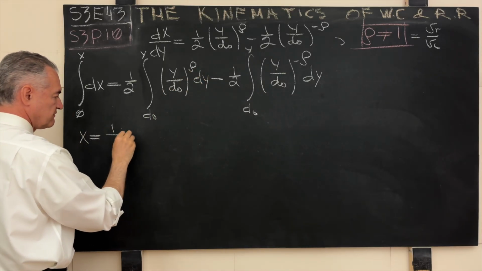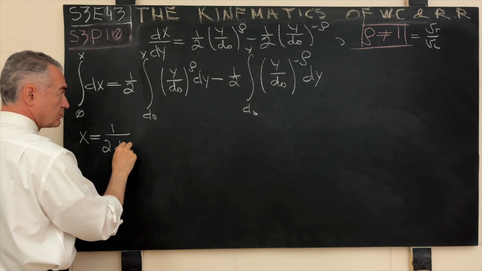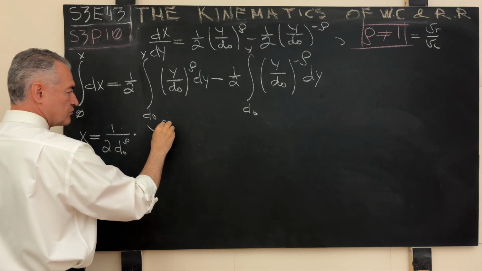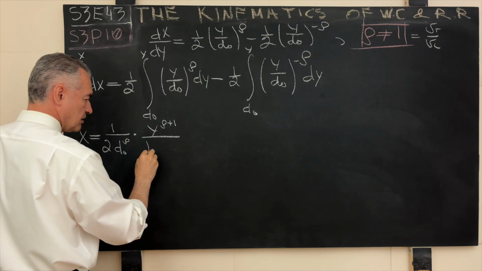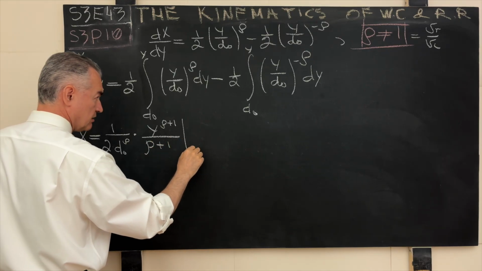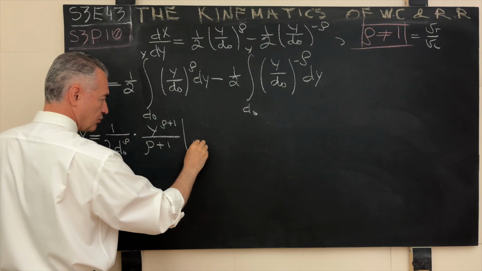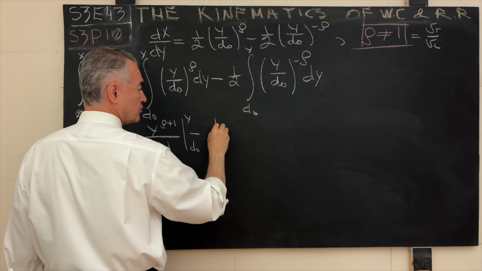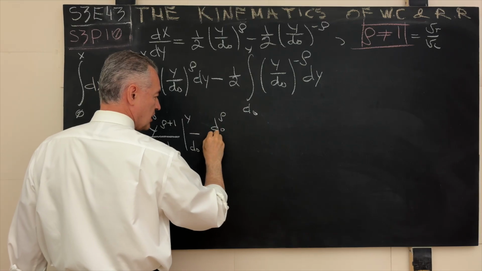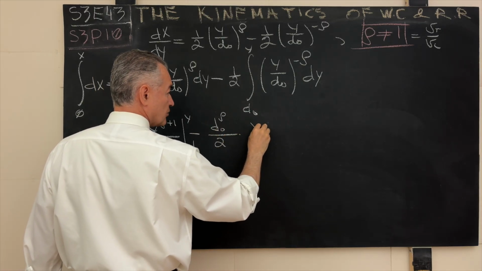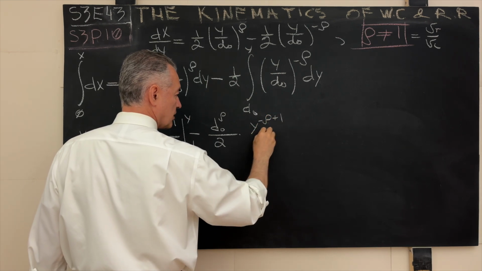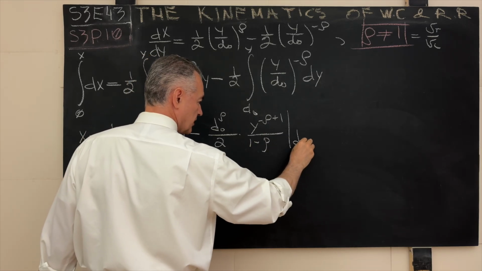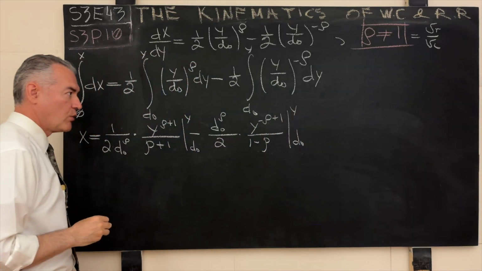It will be 1 divided by 2 times d0 raised to the power of rho times y raised to the power of rho plus 1 divided by rho plus 1, evaluated between d0 and y, minus, well, we'll put d0 on top, d0 raised to the power of rho divided by 2 times y raised to the power of 1 minus rho divided by 1 minus rho, evaluated also between d0 and y.